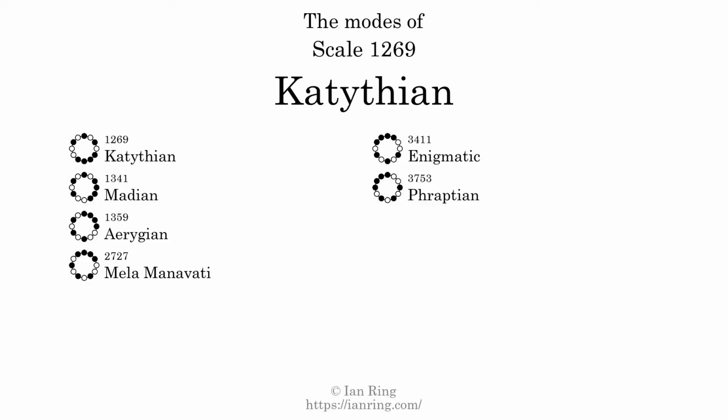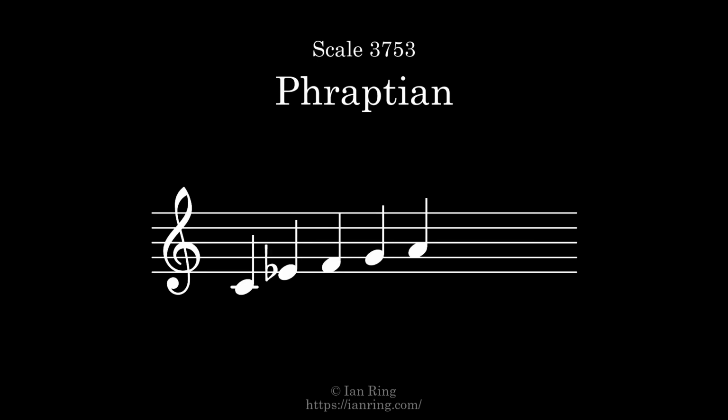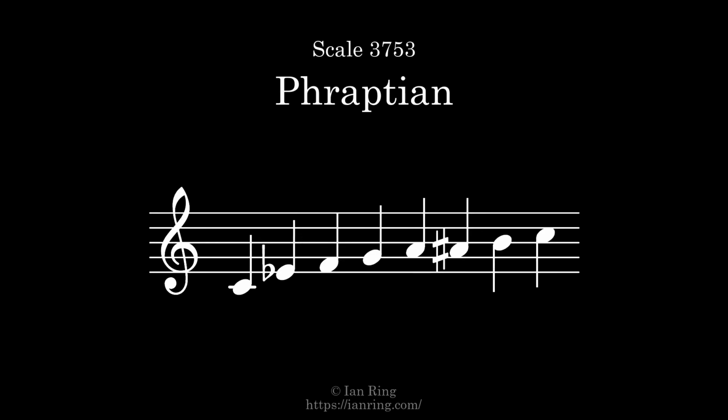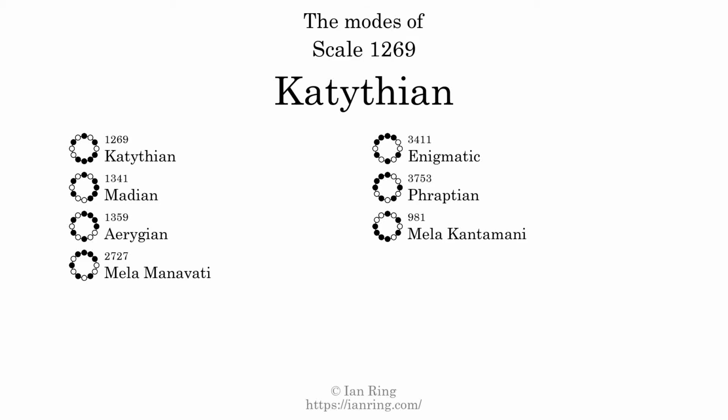The sixth mode is scale 3753, also known as fraction. It sounds like this. The seventh and last mode is scale 981, also known as Milakantamani. It sounds like this.